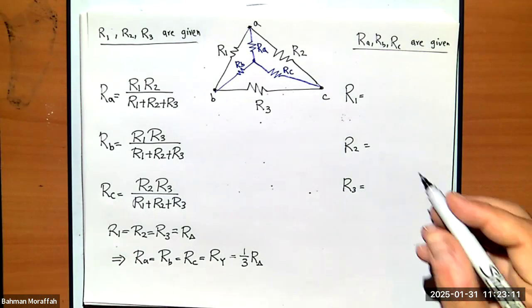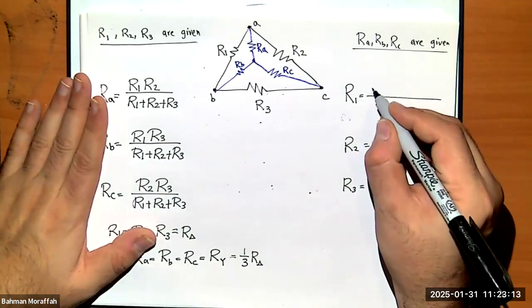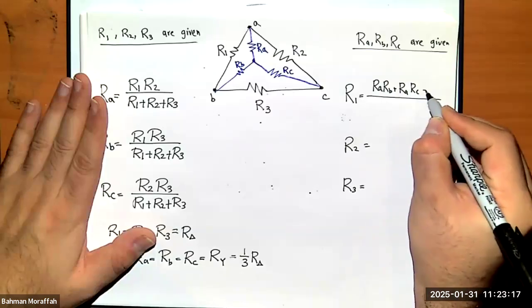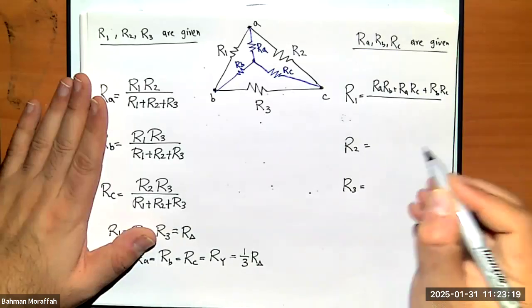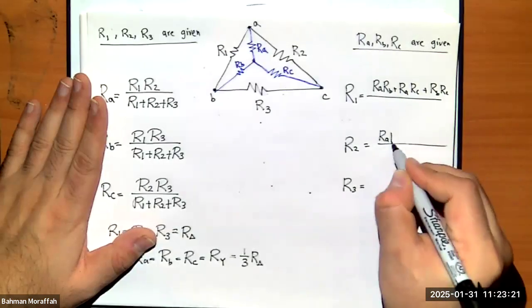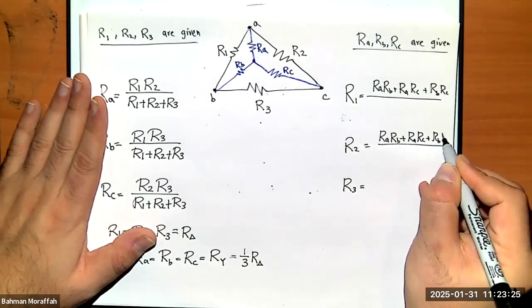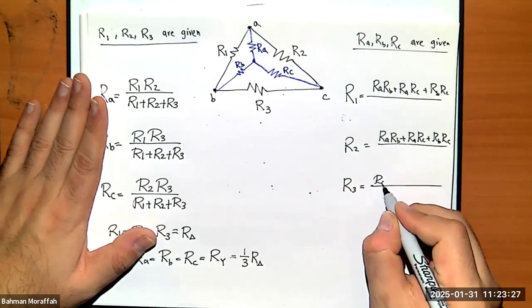So the numerator over here is RA, RB plus RA, RC plus RB, RC. And it's the same for all of them. Same thing for R3.